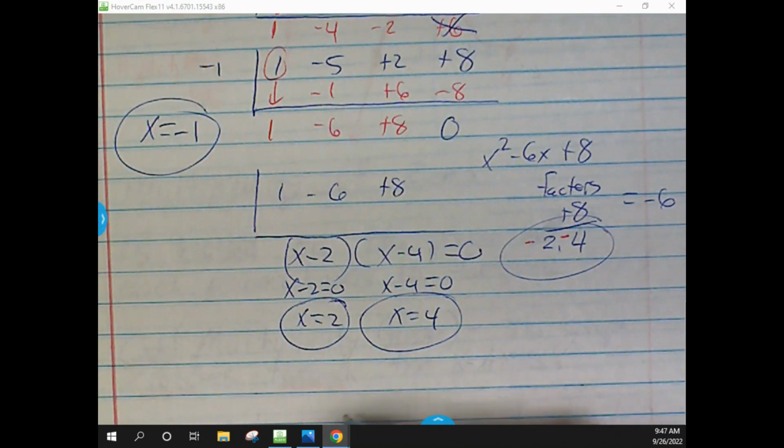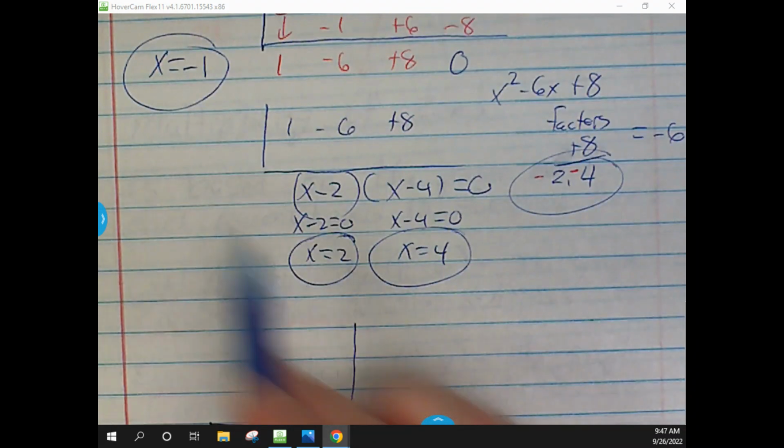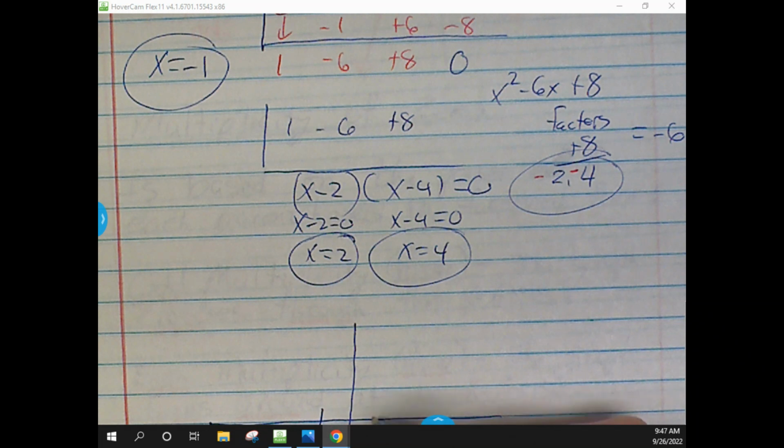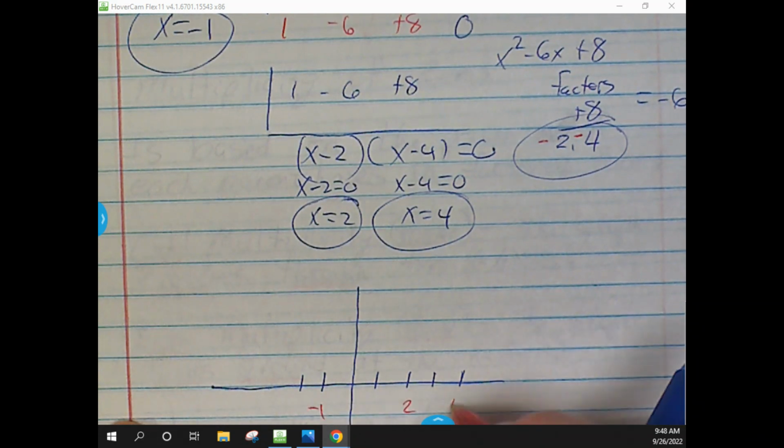All right, so when we graph this thing, we need -1, 2, and 4. So there's -1, there's 2, there's 4.